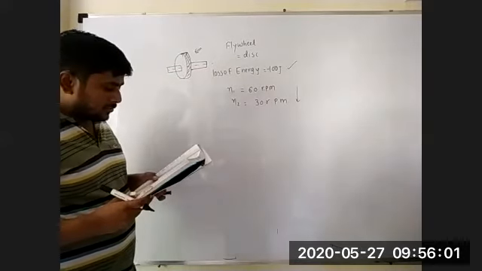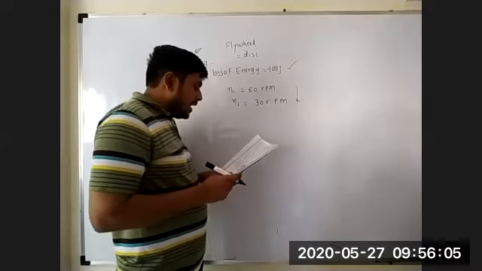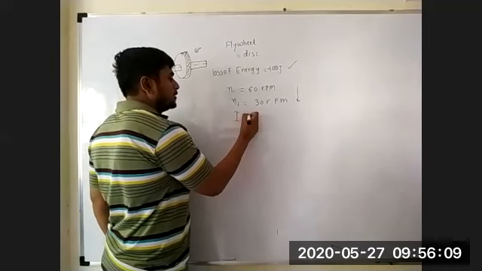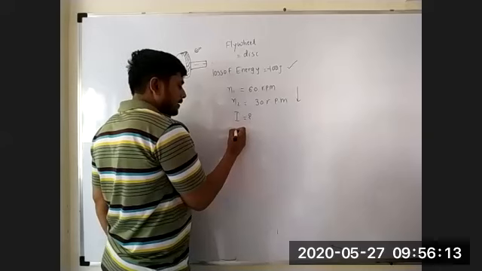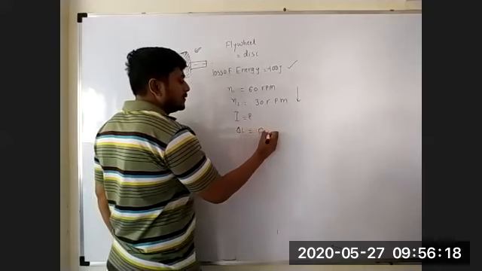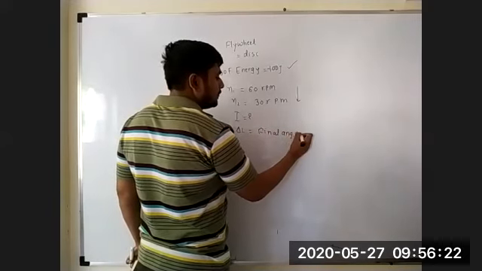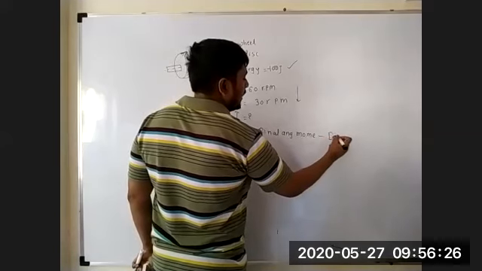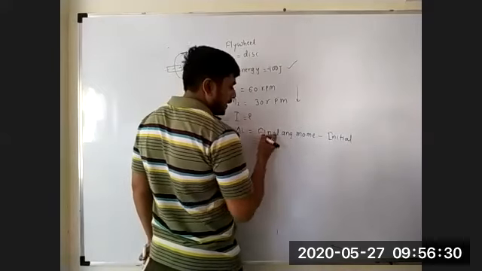And they ask you to find the moment of inertia about the same axis and the change in angular momentum. So they ask you to find the moment of inertia of that particular disk, and the change in angular momentum. Change in angular momentum means final angular momentum minus initial angular momentum.